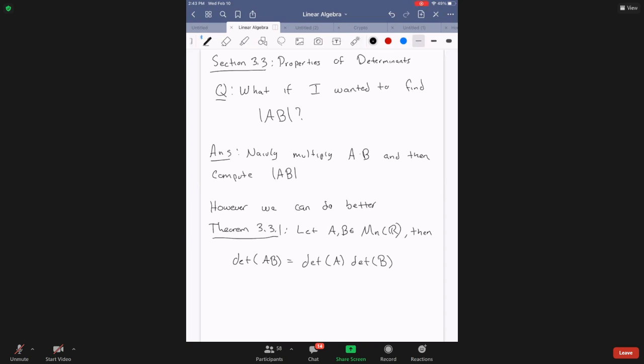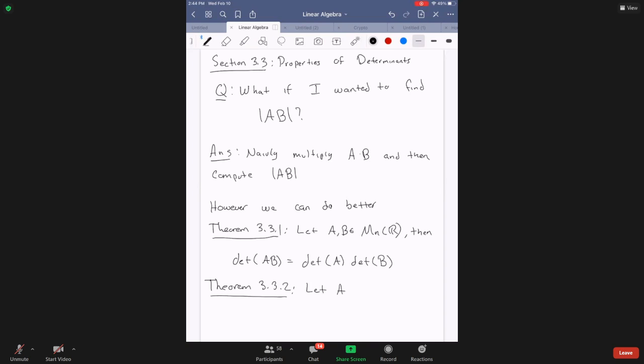So the determinant is multiplicative, right? So you can just take it out. So now you can see that the answer up there is a little bit more simple, right? You can just take the determinant of one and then multiply by the determinant of the other. So now we're going to discuss a bunch of results that will help us in many ways, all right? So now let's do another theorem, 3.3.2.